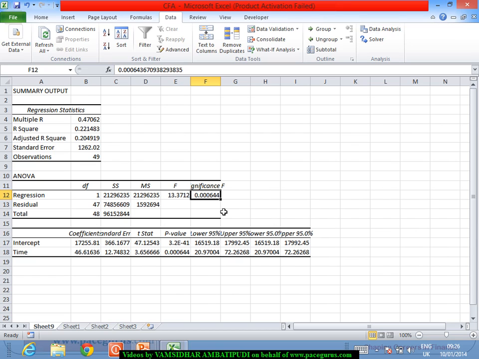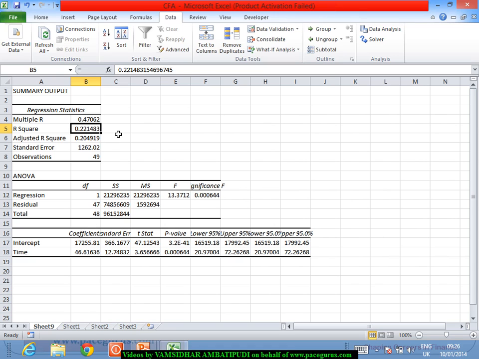We have to reject the null hypothesis and say that time is an important factor in the determination of the sensex for the next period, and the model is overall a fit kind of a model itself. But when you look at R squared, the value is not that high, so probably the influence is much weaker than what it should have been.